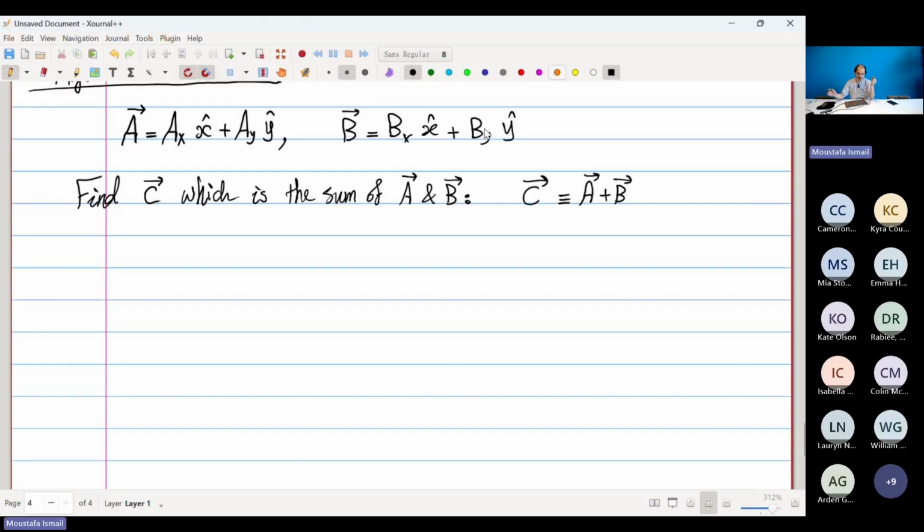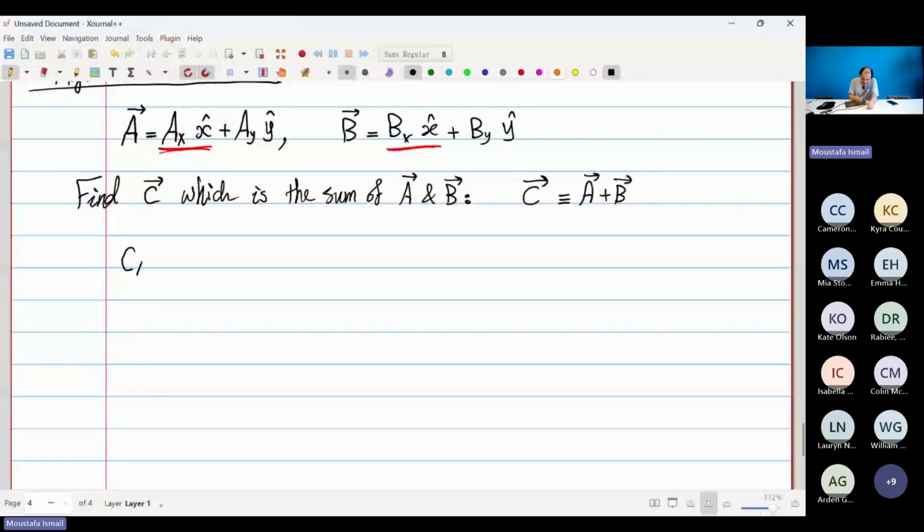We did that using the head-to-tail method, and we did it using the parallelogram method, but we can also do it algebraically if we have components. So what we do is that we add each component in this direction. We don't mix components. So the C_x component would be A_x plus B_x.